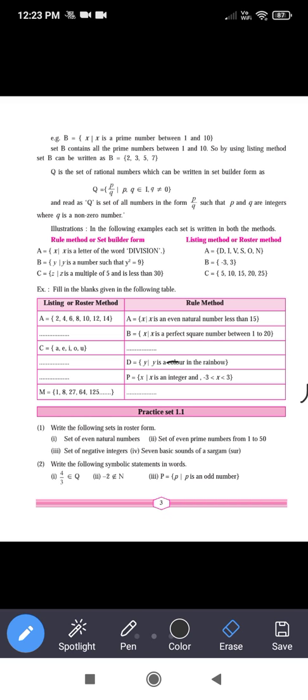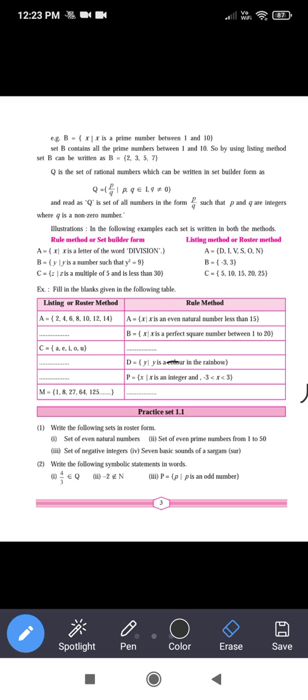Second, set of even prime numbers from 1 to 50.